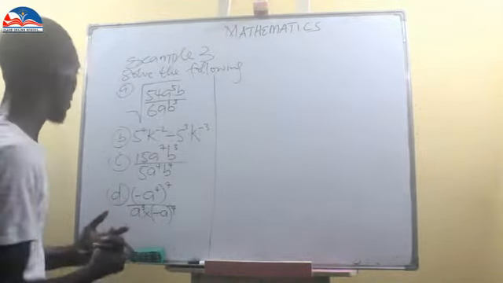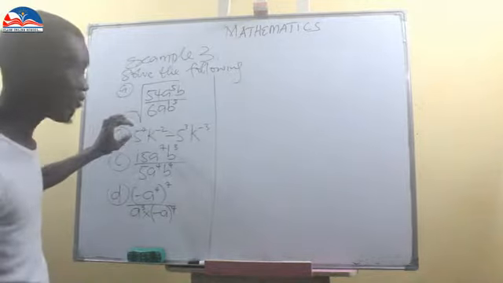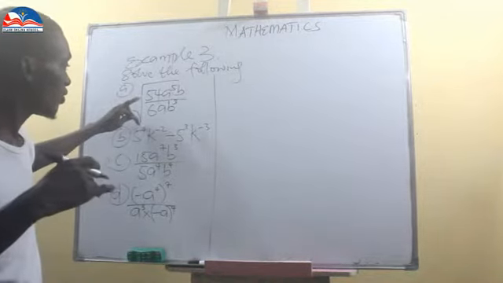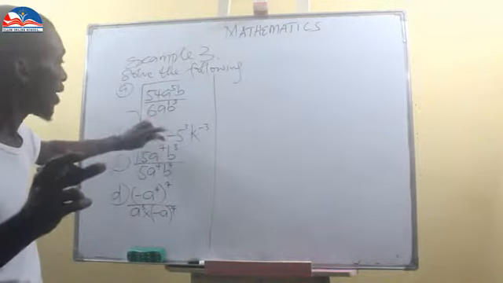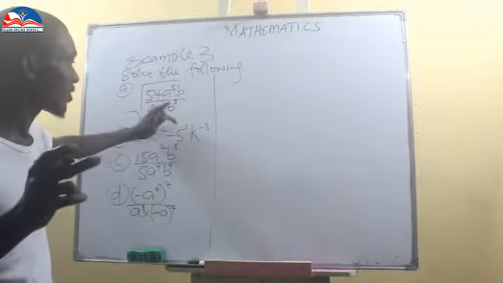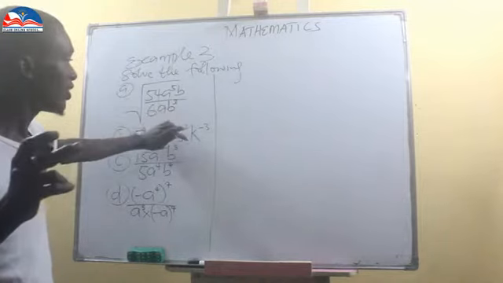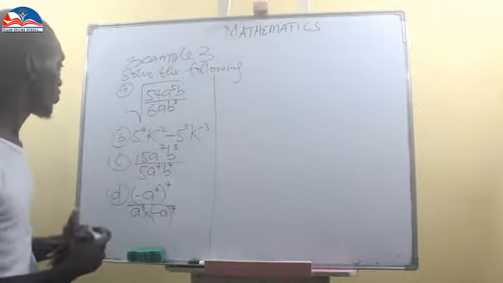And question B, we have 5^4 k^-2 divided by 5^3 k^-3.